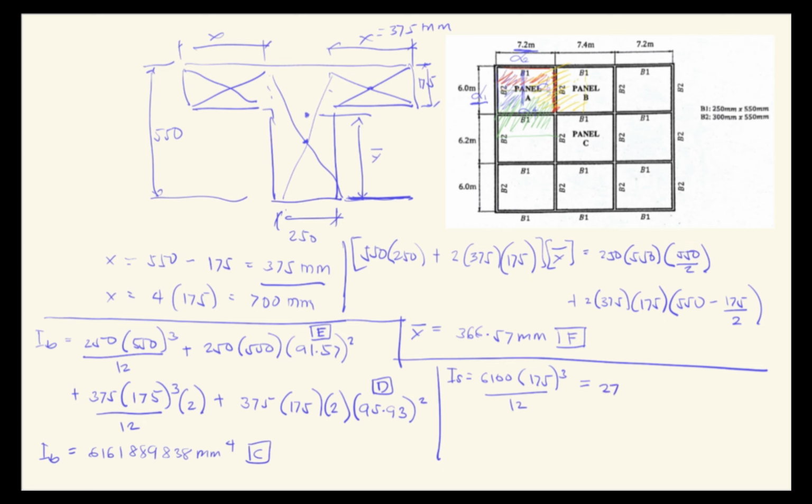This is equal to this number. And alpha 4 would be equal to 2.261 or 2.262.